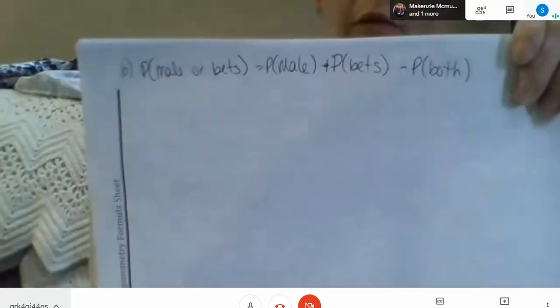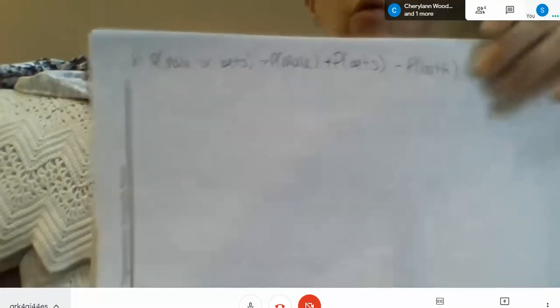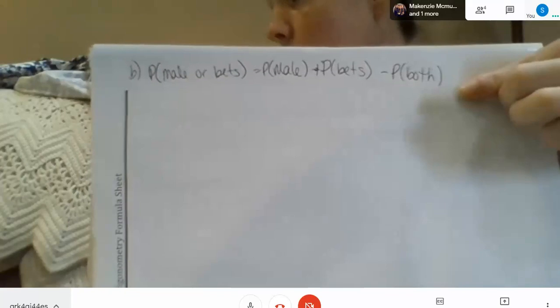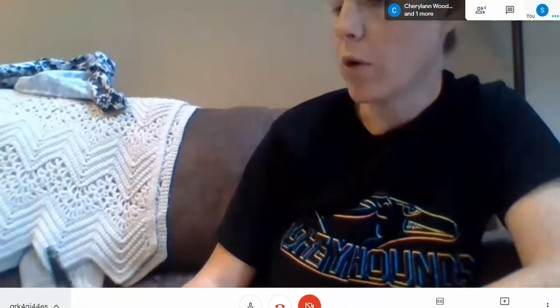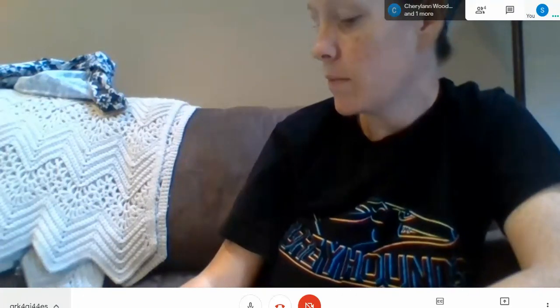That's directly off the formula sheet. So we write out our formula just to help organize our work, and now we're going to fill in the blanks. The probability of male is 0.484 plus the probability they bet is 0.17 minus the probability that they are a male and they bet? Right, that's what we just found in part A.